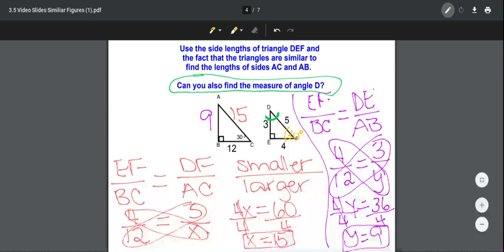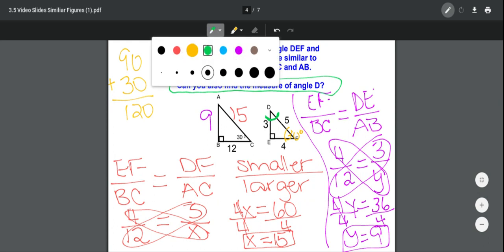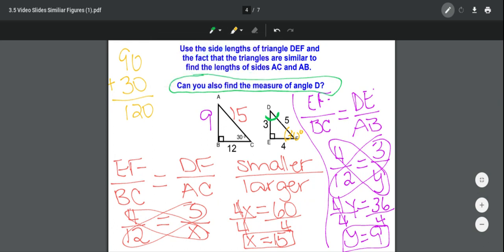We have angle A, which is 90. We have angle F, which is 30. So far we have 120 degrees in our triangle. I know that the 3 angles of a triangle should equal 180 degrees.